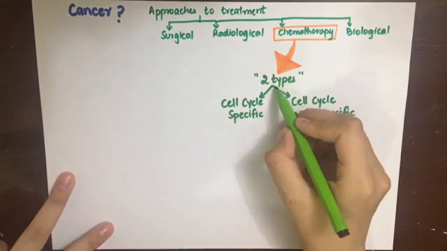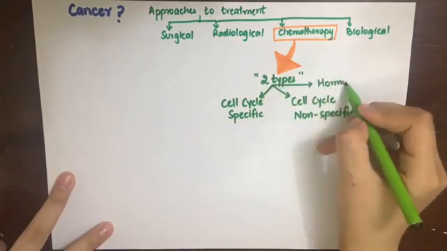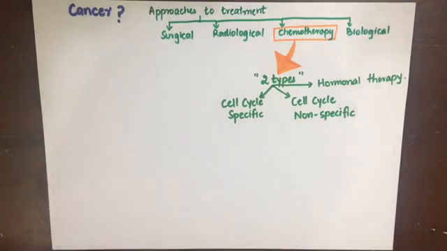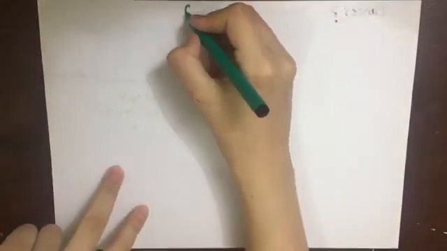Some cancers are also treated with hormonal therapy, which will include antagonists of some hormones that are causing proliferation of some cancers. We've already talked about these anti-hormonal agents in the endocrine pharmacology, and here we'll specifically talk about the cell cycle specific and the non-cell cycle specific anti-cancer drugs.